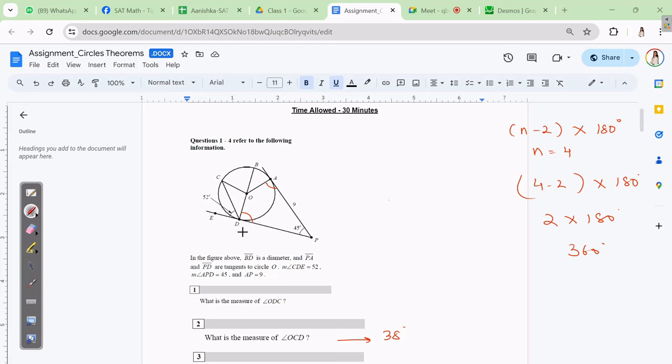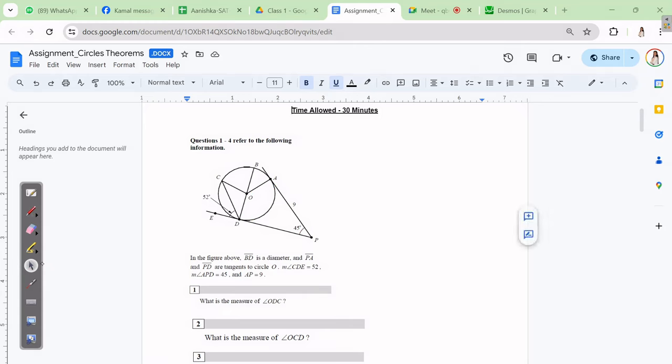Because the tangent and the radius are perpendicular, right? So obviously this one will also be 90, and this one will also be 90. So in this quadrilateral, we have 45, 90, and 90. So you can find the fourth one by subtracting 45, 90, 90 from 360.